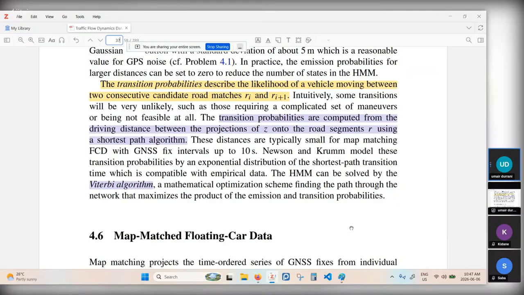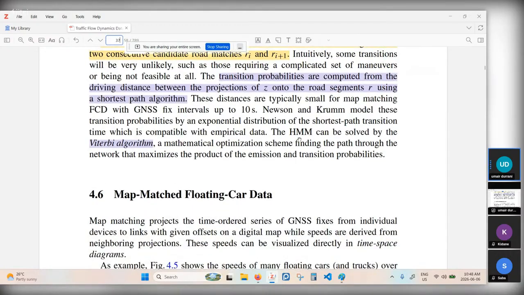For the emission probabilities, as we discussed before, we were looking at a normal distribution of GPS positions that we are getting. For transition probabilities, they use exponential distribution for these driving distances. Normal distribution is not used here. It's mentioned here the exponential distribution is used.